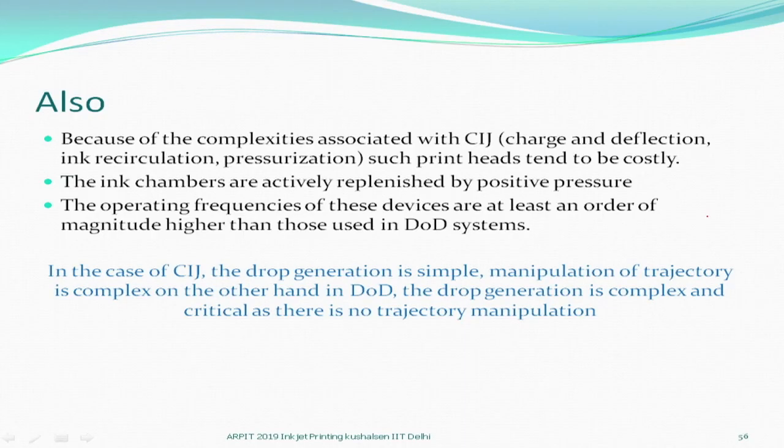So, we may just say in a nutshell that in the case of a CIJ, which is continuous inkjet, the drop generation is simple, manipulation of trajectory is complex. On the other hand, in the DOD, the drop generation is a little complex, but there is no trajectory manipulation. Why is the drop generation a little complex?